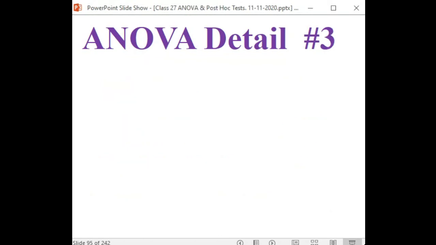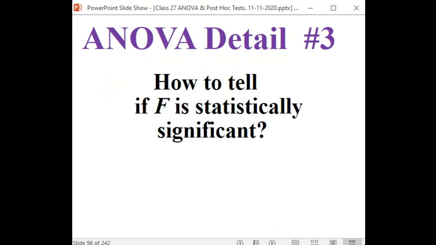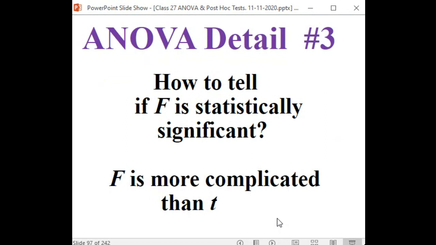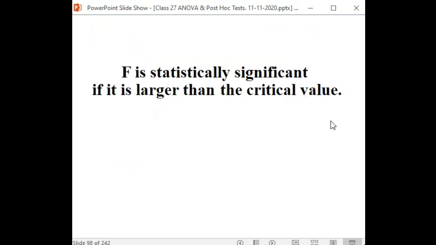Next, let's talk about the third detail about ANOVA. How do we tell if F is statistically significant? Now, with the t-test, it's fairly easy to tell. If t is greater than the critical value of 2, then it's statistically significant. But F is more complicated than that.